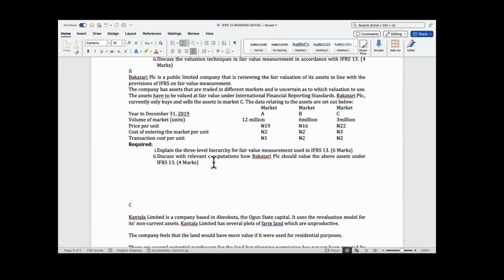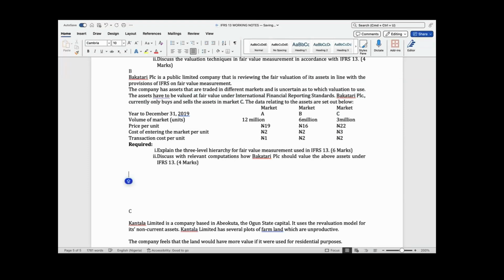So we will just use, based on the information given to us, to explain how to determine fair value. And if you look at the requirement of this examiner, it's not the calculation that matters. What gives you most of the marks is your discussions. So, discuss with relevant computation.